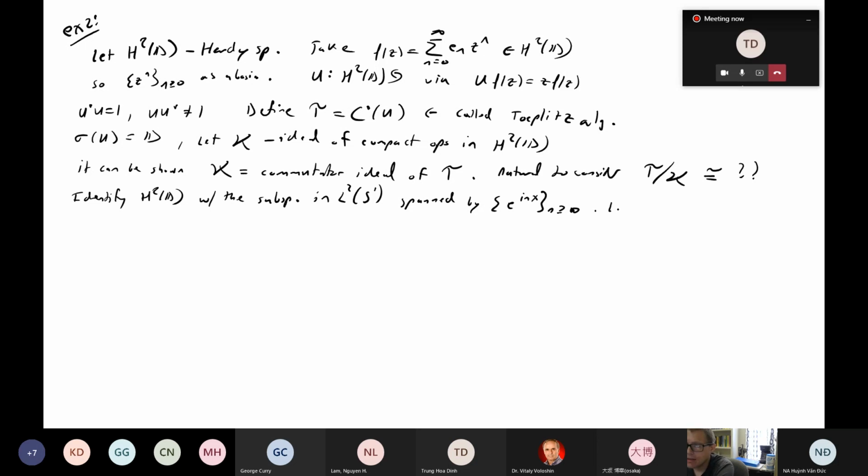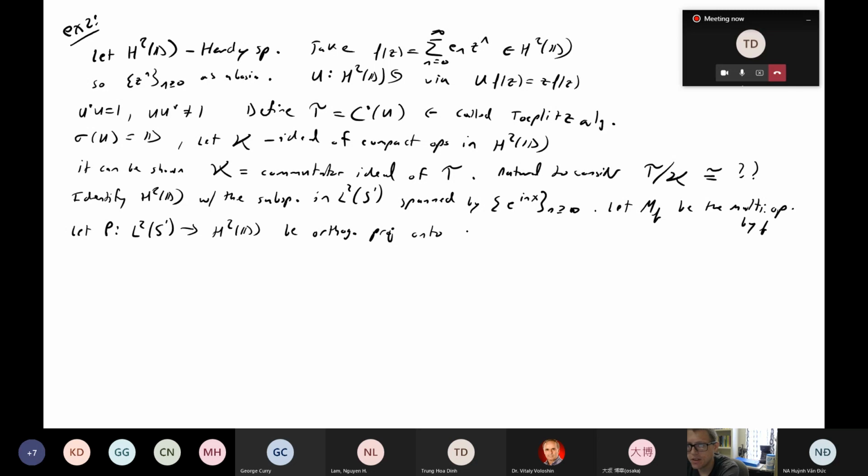And I'm going to let m sub f be the multiplication operator by f, right? And then finally, I'm also going to let P be the following projection. So it's from L2 to H2, and it's going to be the orthogonal projection onto the span of this thing.